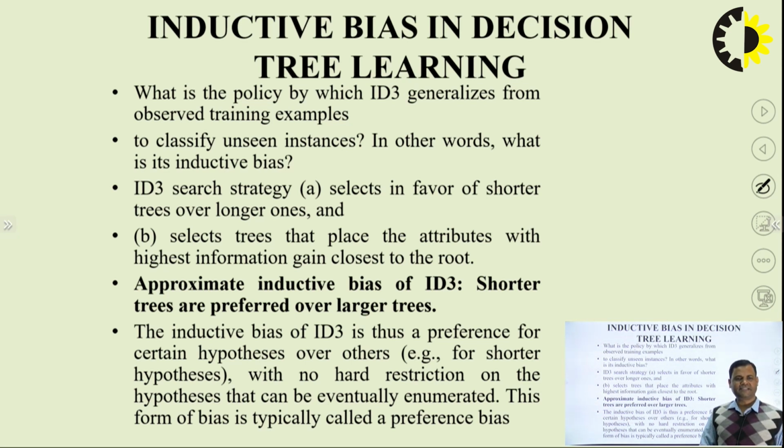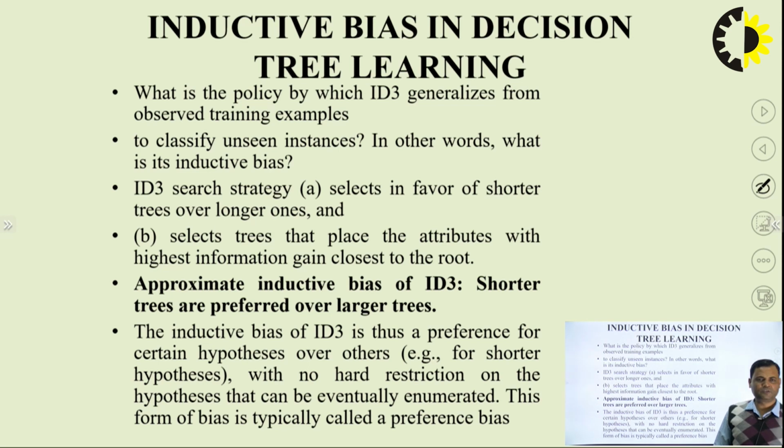Preferences should be based on certain parameters, for example that shorter trees are preferred over longer trees. The basic meaning of bias is preferring one hypothesis over another.